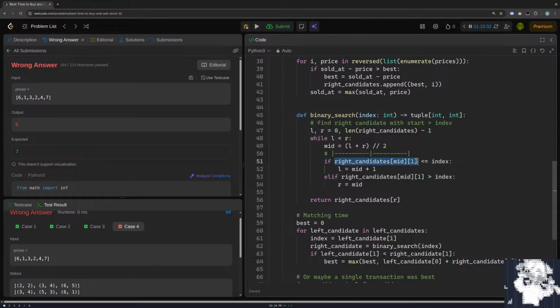So if the midpoint that I found is less than or equal to the index I'm looking for, and they're in reverse sorted order, so stuff that's greater will be on the left side of this, which means R needs to shrink.